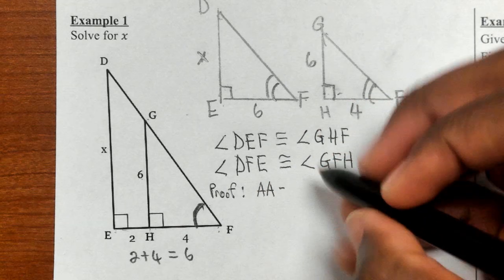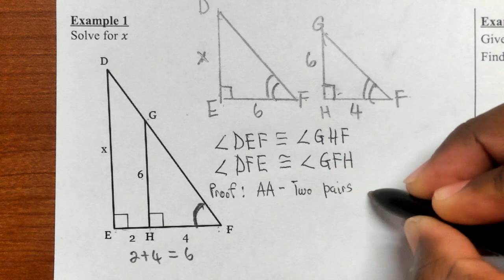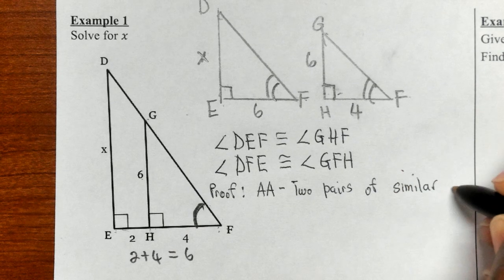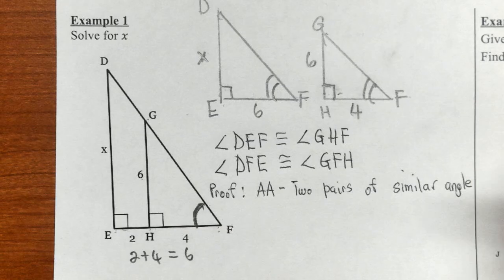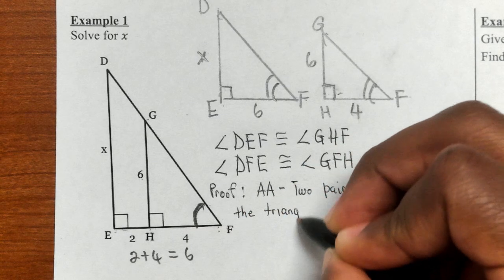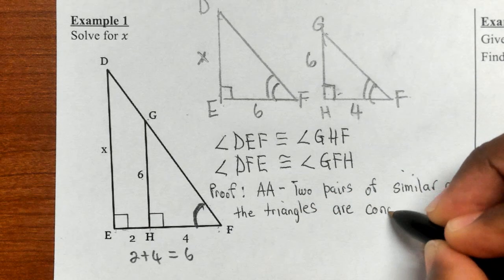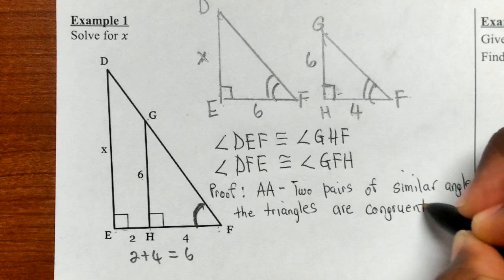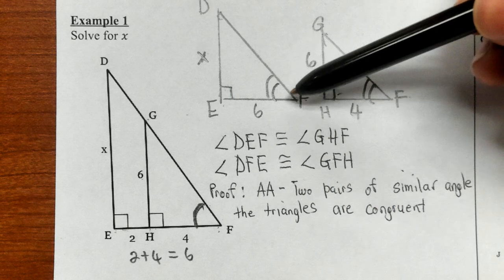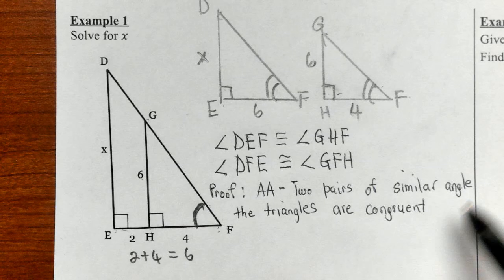So AA means that when you have two pairs of similar angles, the triangles are similar. So what this is stating is that because they both have a right angle and because they both share an angle F, they are similar in size and similar in shape.